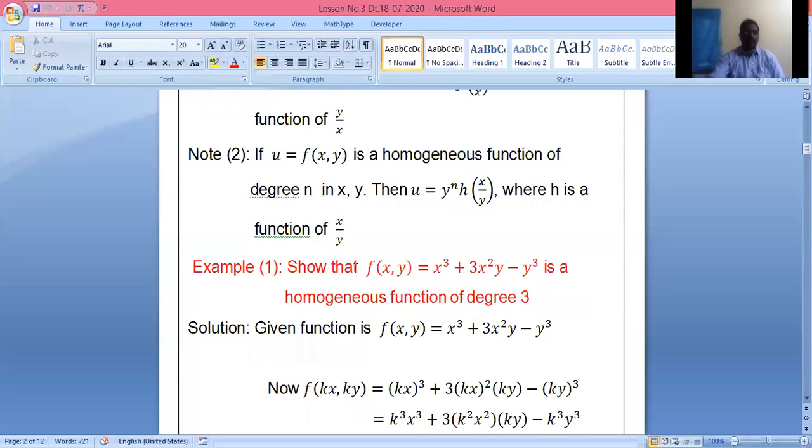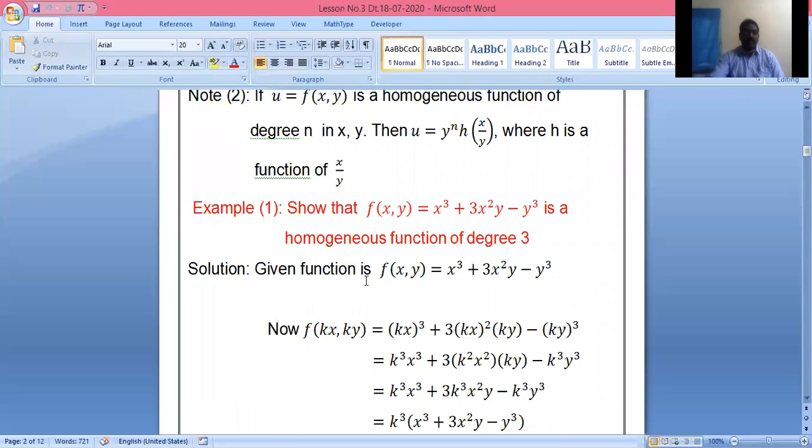For example, show that f of x comma y is equal to x cube plus 3x square y minus y cube is a homogeneous function of degree 3.